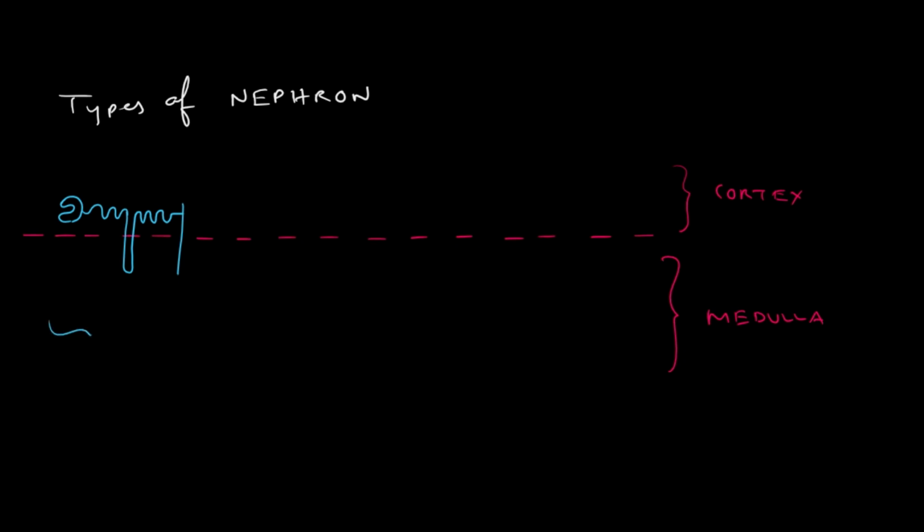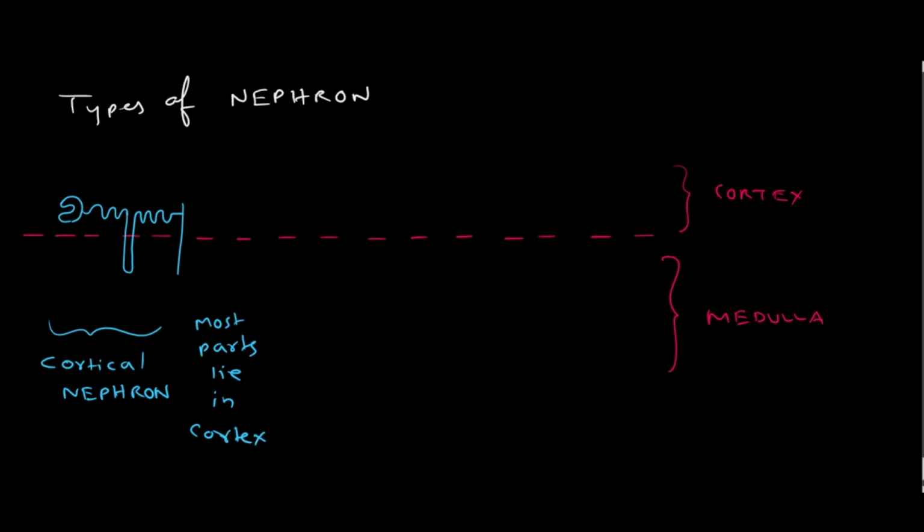Such types of nephrons are called cortical nephrons. So what are cortical nephrons? Cortical nephrons are the nephrons that have most parts lying in the cortex region.